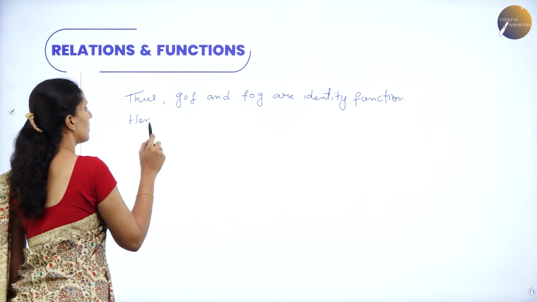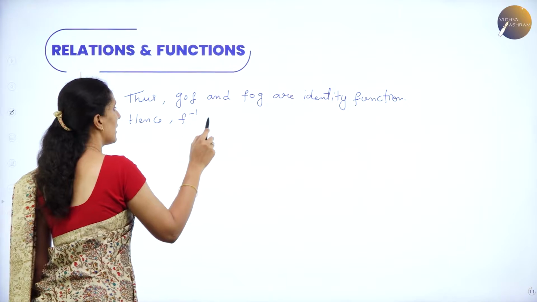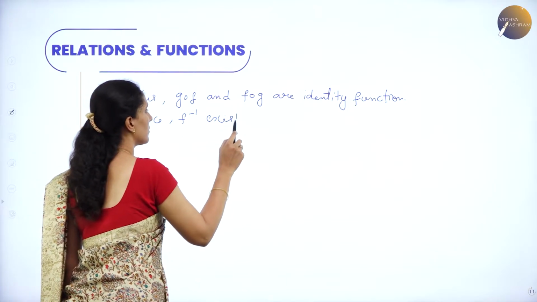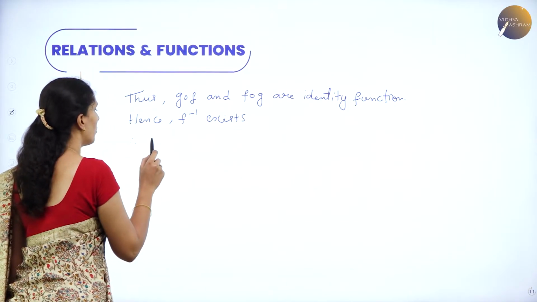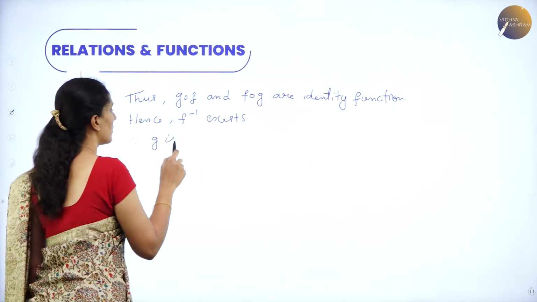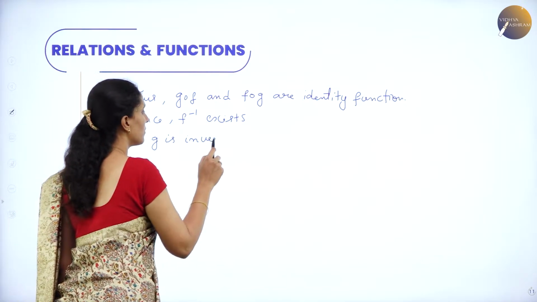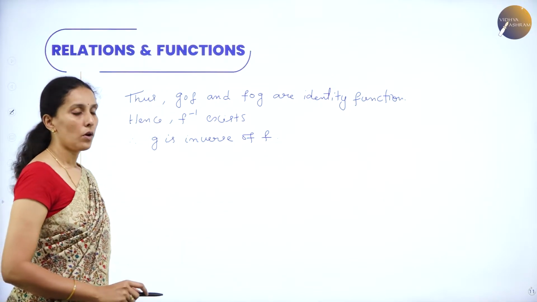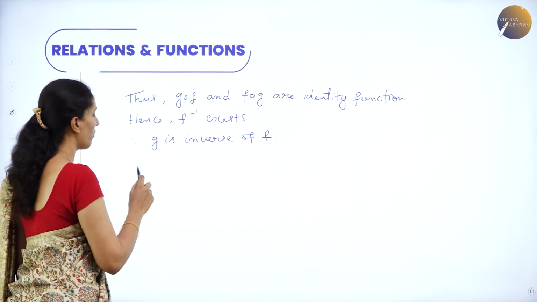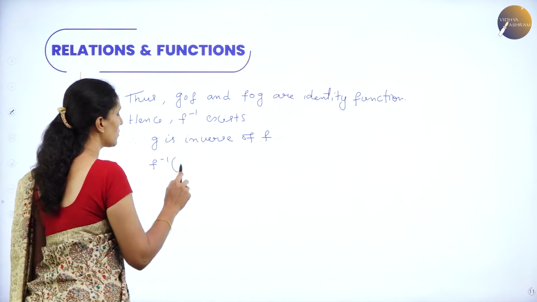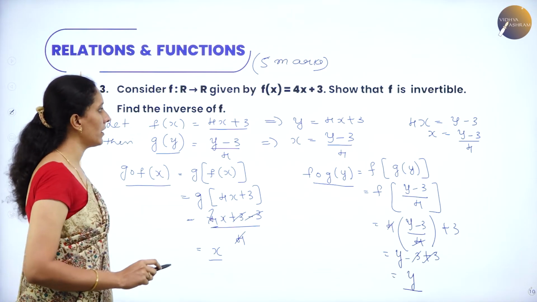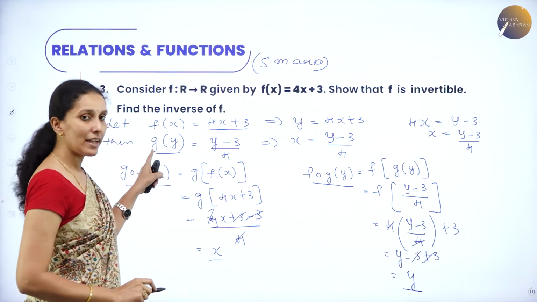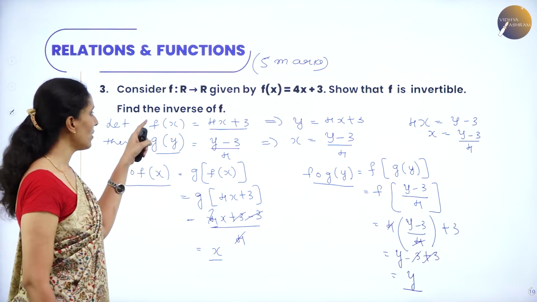Hence, f inverse exists. So, therefore, g is the inverse of f. So, thus, what is g? f inverse of x we can write. So, this g is the inverse of f.